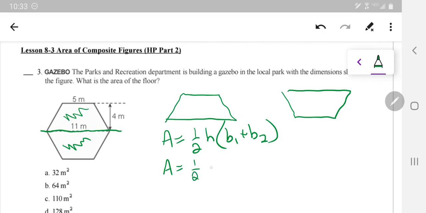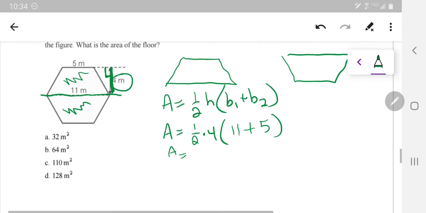Okay, so we have the height here. The height meets the base at right angles, and so they showed this over here, this 4, showing you the height is going to be 4, and then we have the base of 11 and the base of 5. So then we have half. Well, let's do the parentheses first.